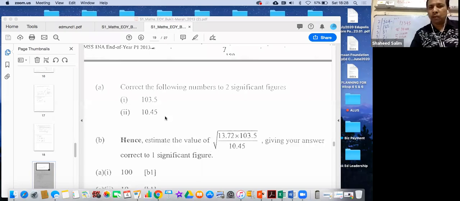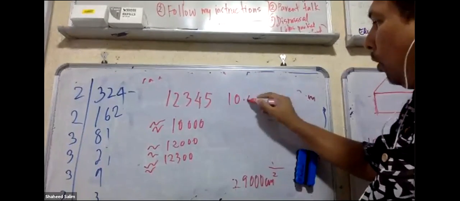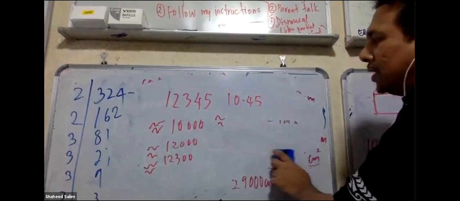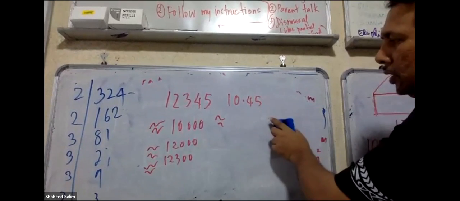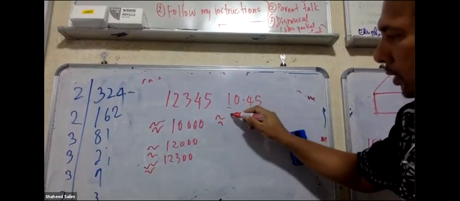Okay, the next one now. 10.45. Same thing. If I ask you for one significant figure, just take the first one. One significant figure, what's the answer? 10.